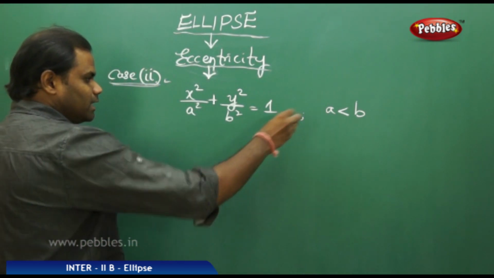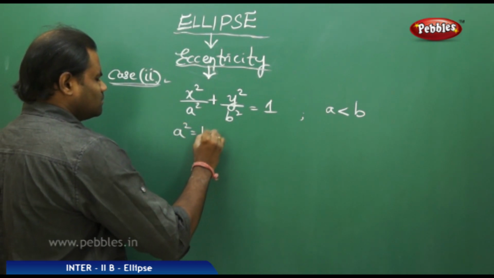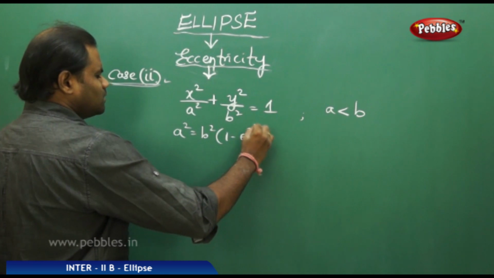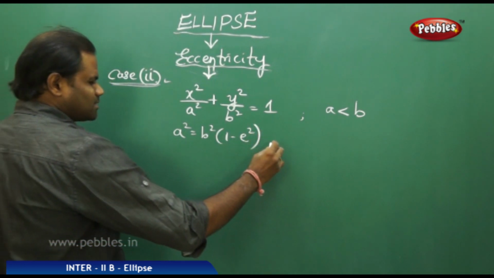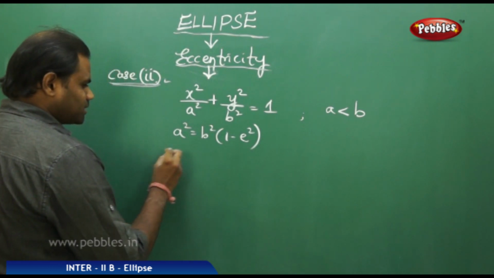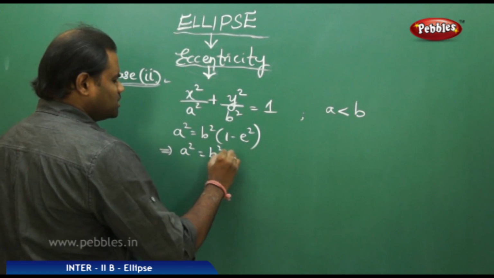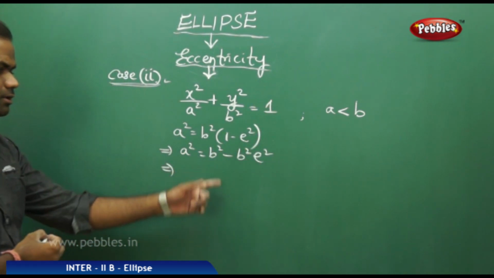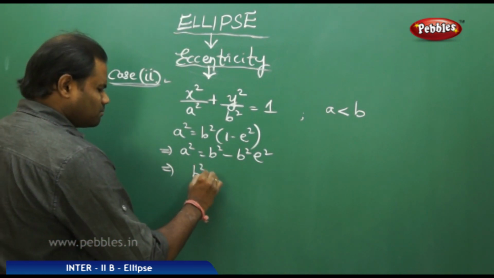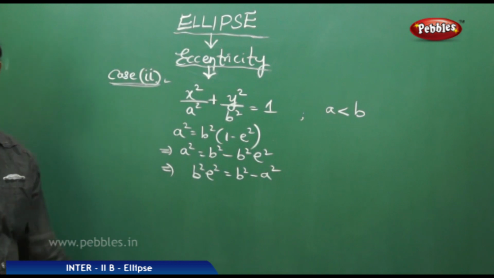So in case of a less than b, we have a squared equals b squared times 1 minus e squared as the formula. That implies this on simplification gives a squared as b squared minus b squared e squared, which on simplification gives b square e square is b square minus a square.